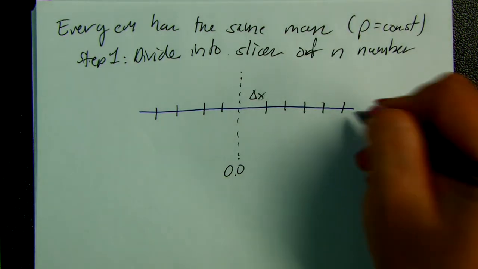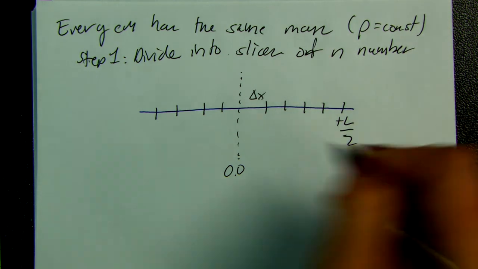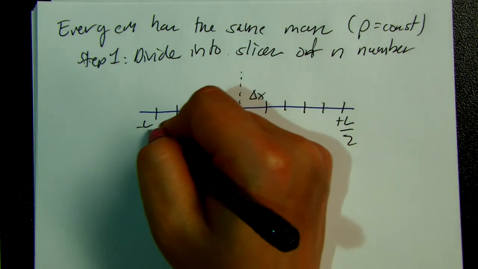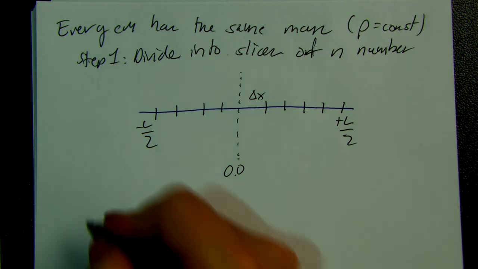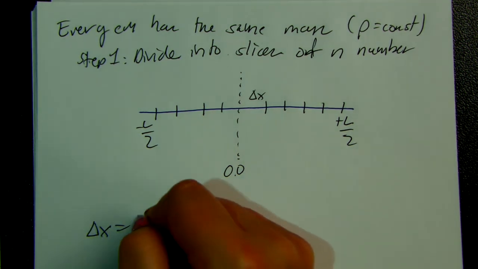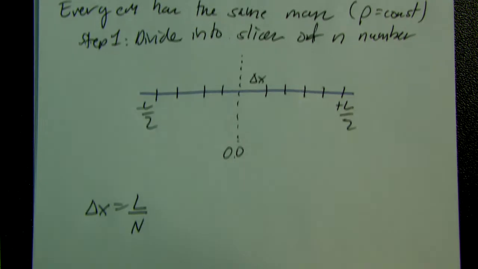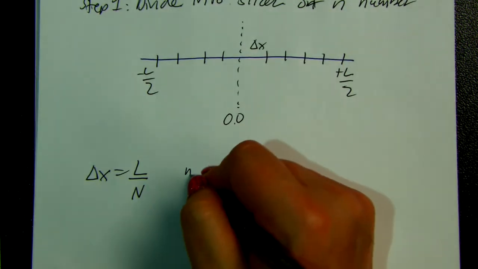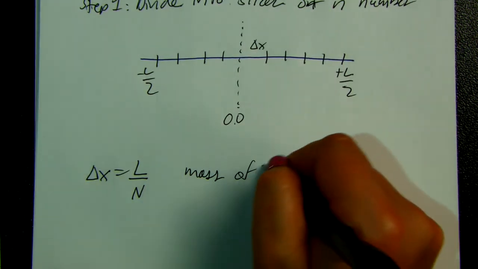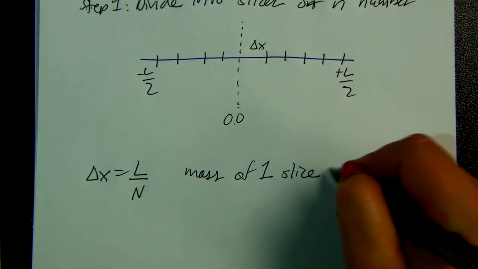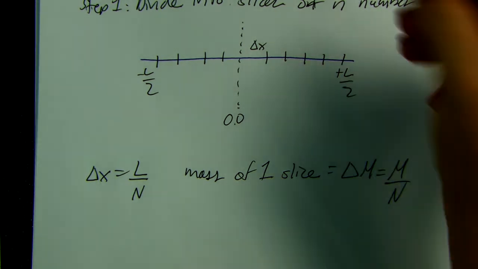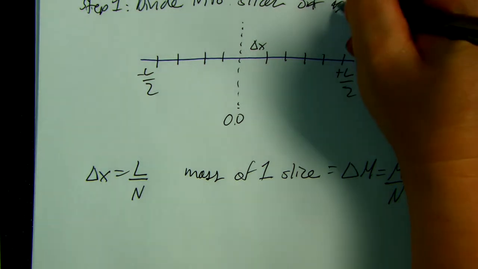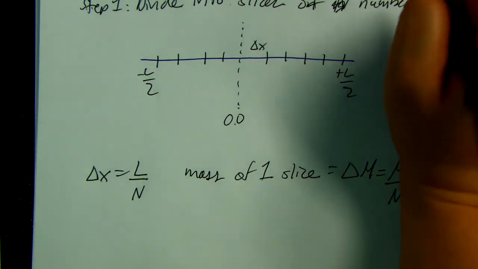And so we've got L over 2 here and minus L over 2 over here. Okay, so delta x is equal to L over n. And the mass of one slice is delta m, equal to M divided by n, the number of slices. I should have written a capital N here.